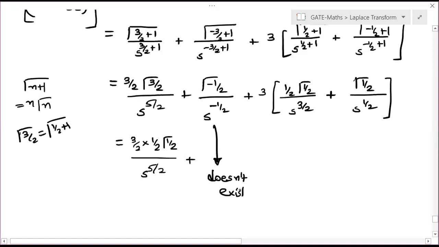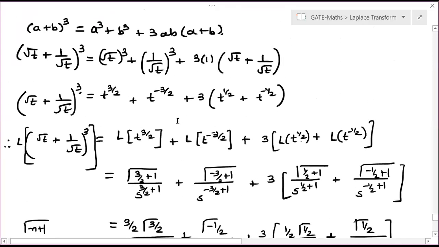That's why, when we were writing the formula of Laplace of t to the power n, we wrote that it is defined for n greater than minus 1 only. If n is less than or equal to minus 1, it is not defined. Here our n is minus 3 by 2, which is minus 1.5, which is less than minus 1, right?